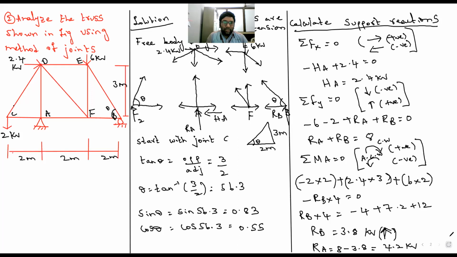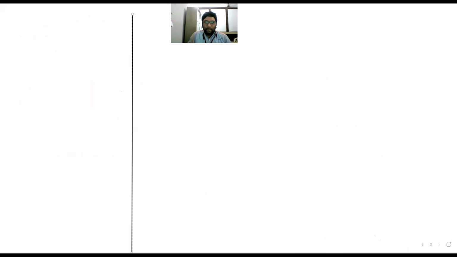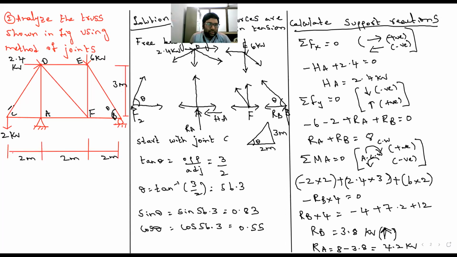Now we will start with joint C. At joint C, we have FCD, a downward force of 2 kilonewton, and FCA.